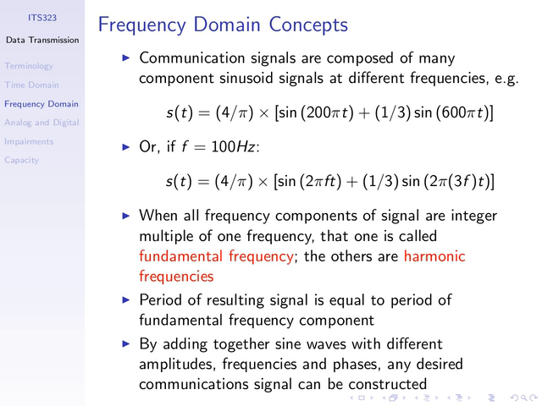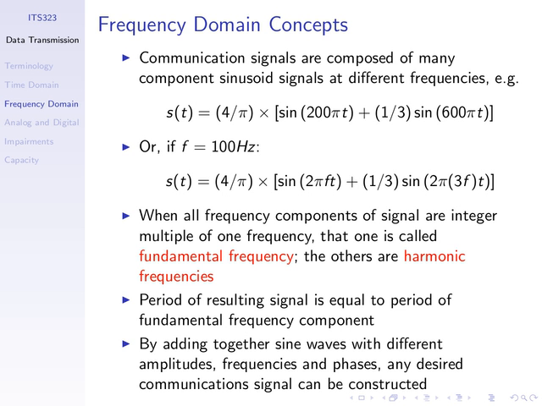And importantly, if the components have frequencies which are integer multiples of one of them, this equals 1 times 100 Hertz, and this equals 3 times 100 Hertz. So the components have frequencies which are integer multiples of this one.